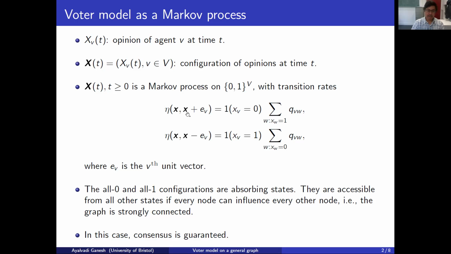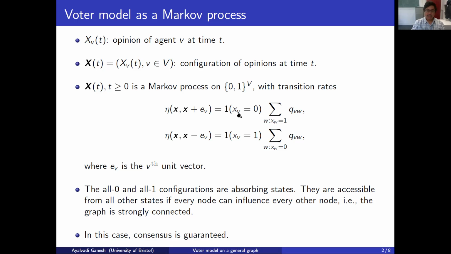If it was already in state 1, it cannot move to state 2 because the only possible values are 0 and 1 for a vertex. So this change can happen only if x_v was 0, the vth coordinate of the vector x was 0. Okay, so we need the indicator of that event.